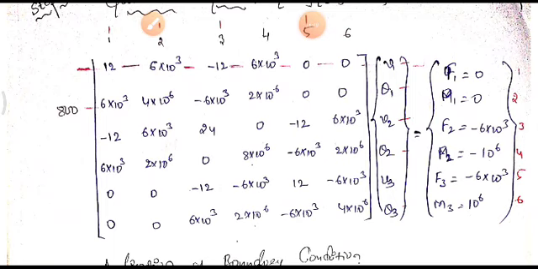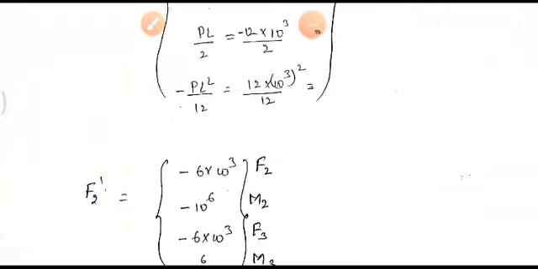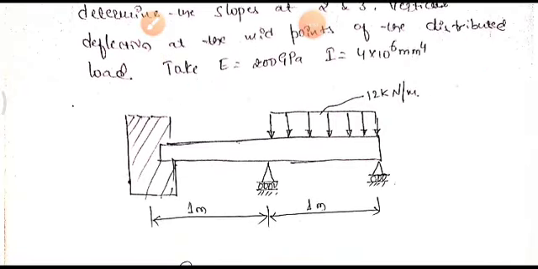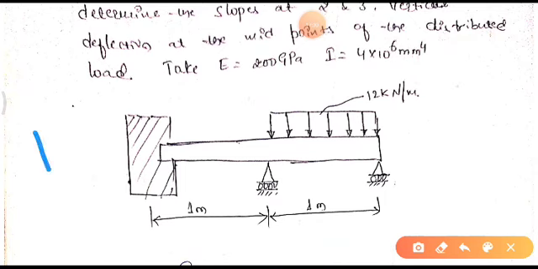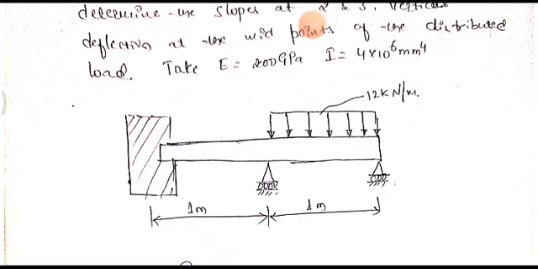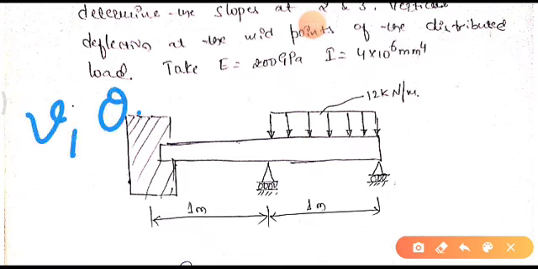If you see the given problem here, the nodes 1, 2, 3: node 1 is fixed, node 3 is fixed in the vertical direction, whereas in the rotational direction we have moment. So here V1 is fixed, theta 1 is fixed.